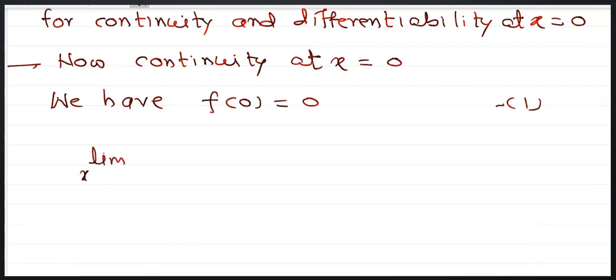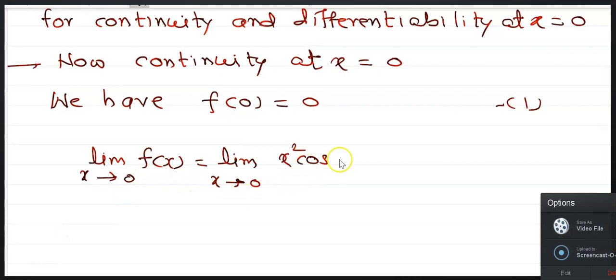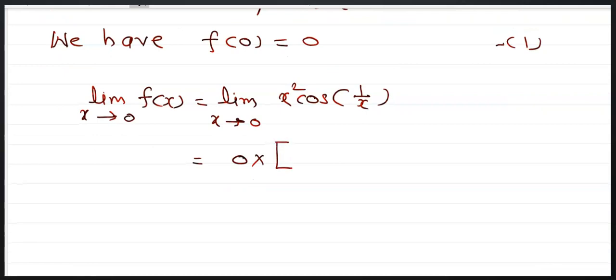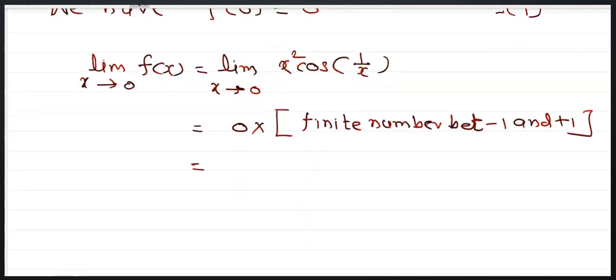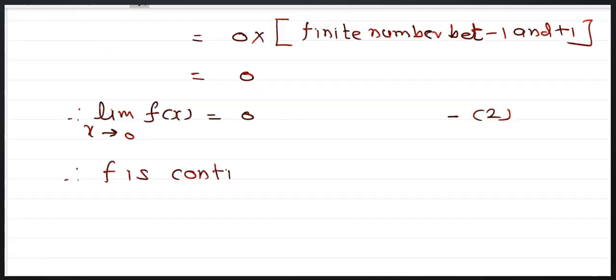The limit as x tends to 0 of x square cos of 1 upon x is 0 into cos of 1 upon x, whose values lie between minus 1 and plus 1 always. Therefore 0 into whatever that value is becomes 0. So the value is 0, the limit is 0, therefore the given function is continuous at x equal to 0.